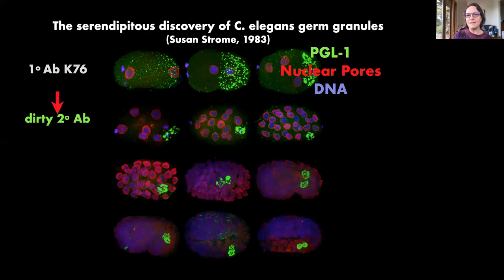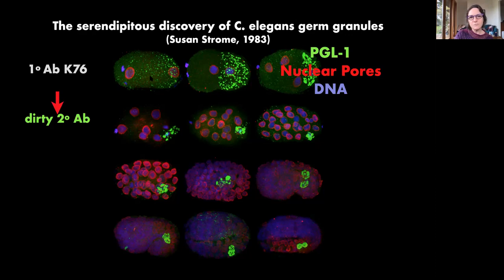But these are bodies that localize and surround the nucleus toward the posterior of the embryo that is going to become the germline, which will eventually become the reproductive tissue of the developing worm. Just after fertilization, in this time lapse, the P granules are initially throughout the embryo, and then they concentrate toward the back end of the embryo, where that germline cell will eventually arise.